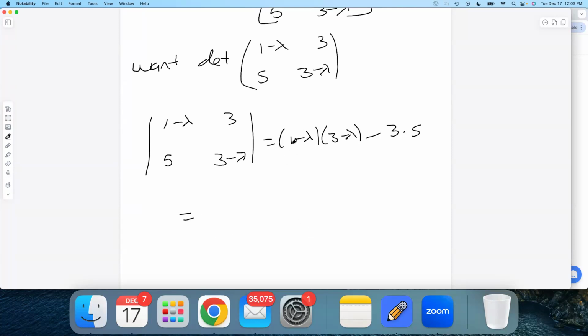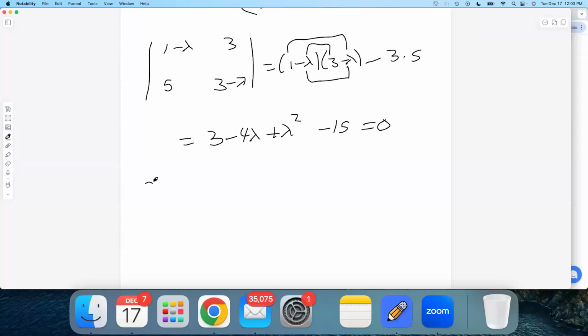Okay, so now let's clean all this up. So we're going to get 3 minus lambda minus 3 lambda, so minus 4 lambda, plus lambda squared, from right there, minus 15. And I want that to equal 0. Let's write that there.